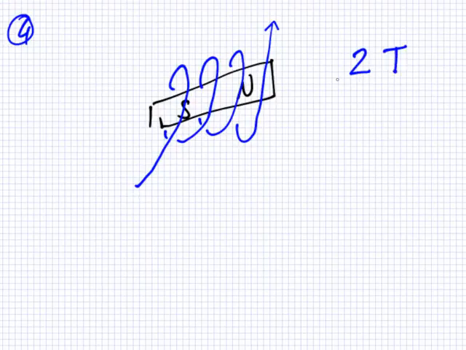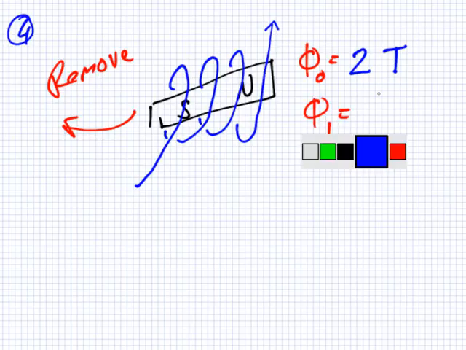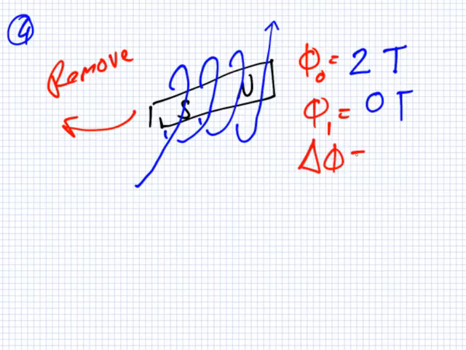And then what happens? You remove the magnet. So what is changing here is not the wire that's moving. It's the magnetic field which is being changed. So we start off with 2 Tesla, and then what do we get at the end for the magnetic field? 0 Tesla. So how has the magnetic field changed? It's changed by losing 2 Tesla.